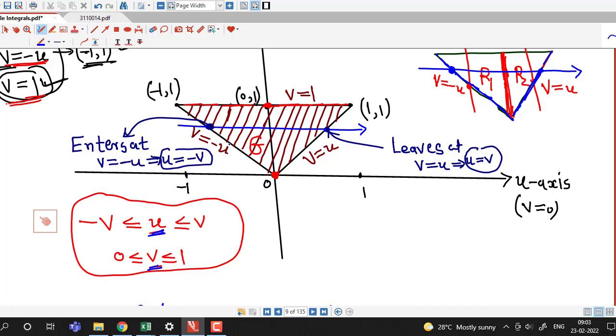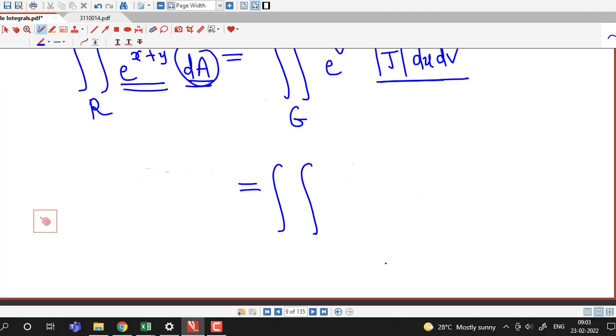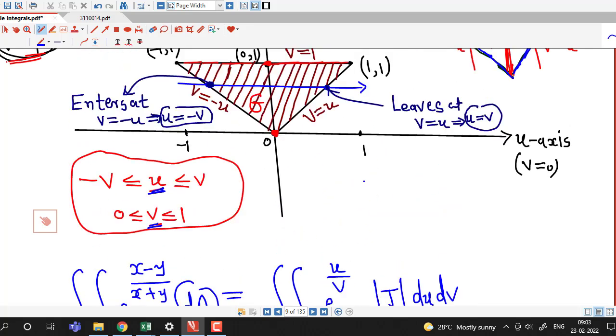Limits of u are from minus v to v and limits of v are from 0 to 1. So the first integral is with respect to u, limits of u are from minus v to v, limits of v are from 0 to 1. Function is e raised to u divided by v.